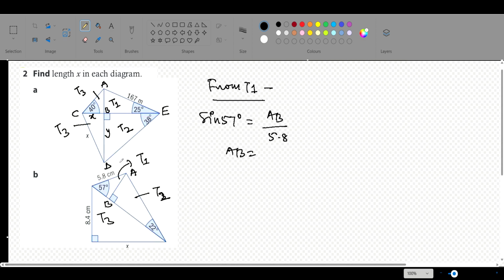So AB would be 5.8 times sine 57 degree, which is 4.86 centimeter.